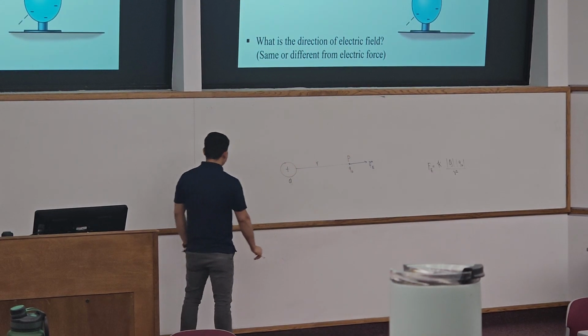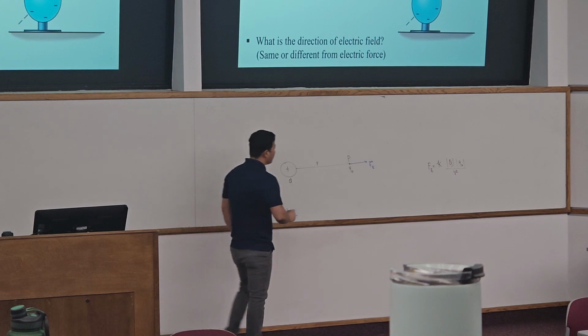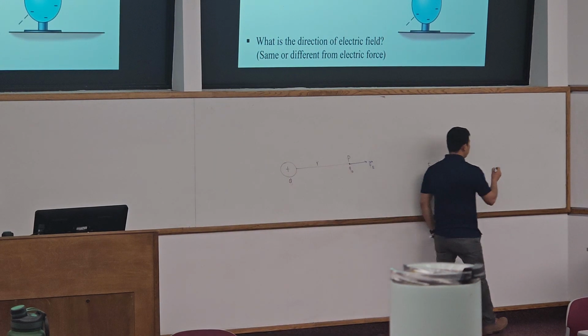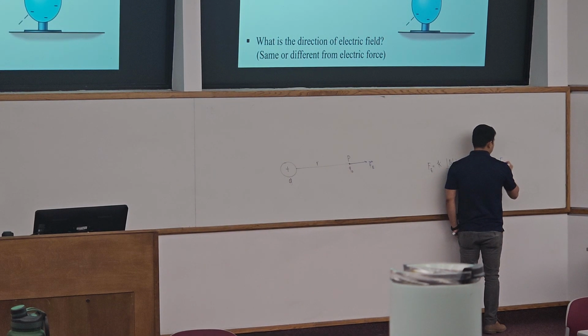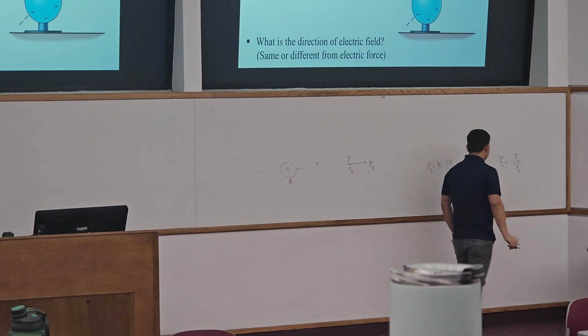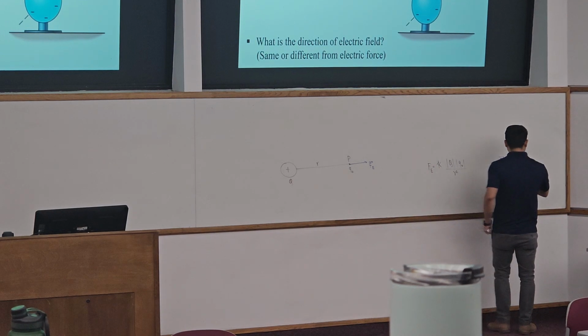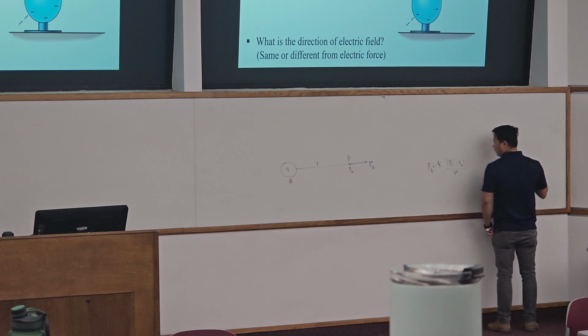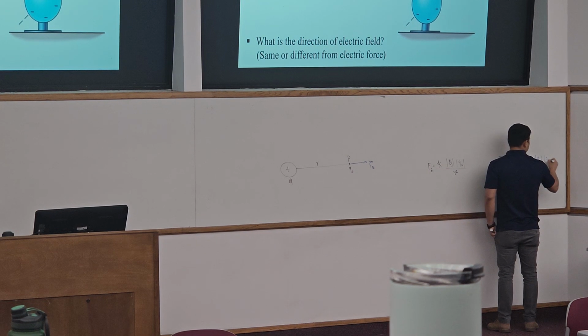Now, the electric field is defined as Fe divided by Q0. This is the definition of the electric field. Over here, Fe is equal to k Q Q0 over r squared, divided by Q0.